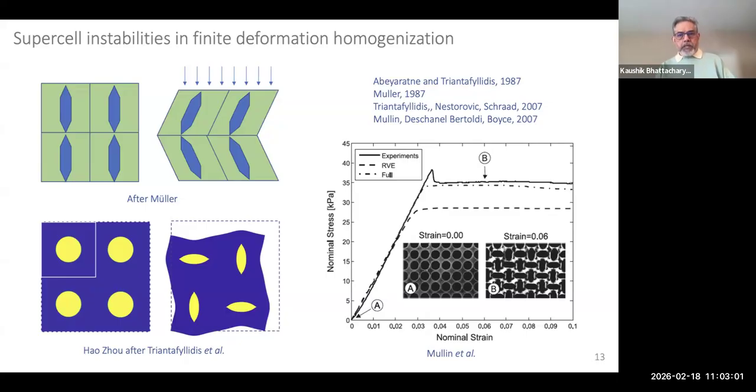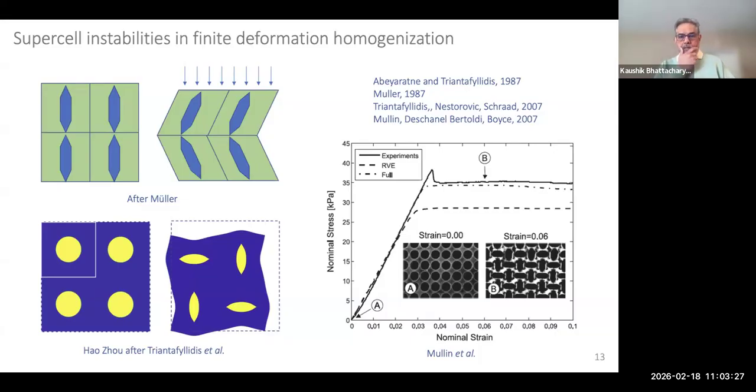Now, notice that such kind of behavior depends very much on the clear periodic arrangement of the material. And here, a random microstructure would behave very differently compared to a periodic microstructure.